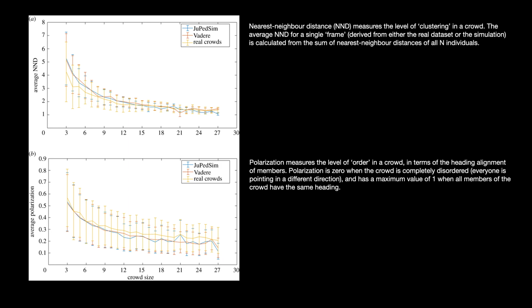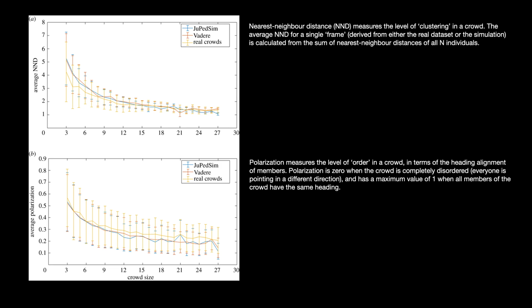So we basically ran the simulation a number of times for different values of crowd size from 3 up to 27, and then averaged the values of those metrics. And in order to make sure that we weren't introducing biases by using a specific package, we ran the simulations using both Behaviour, which is the main package that we use, but also PedSim, which is an alternative.